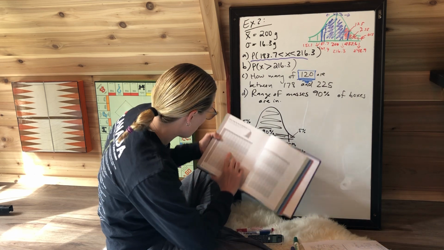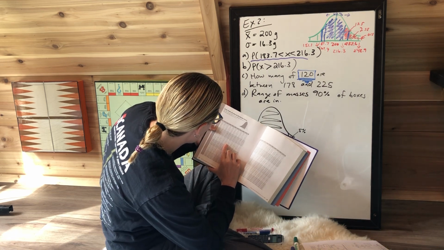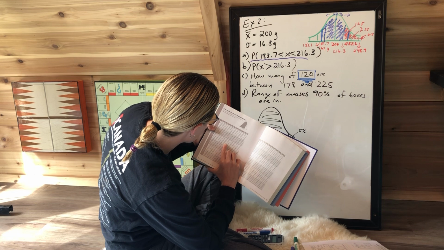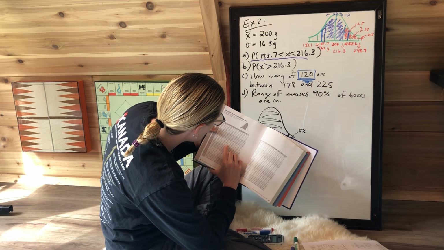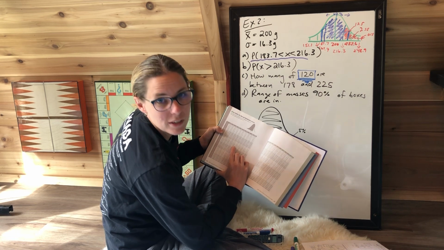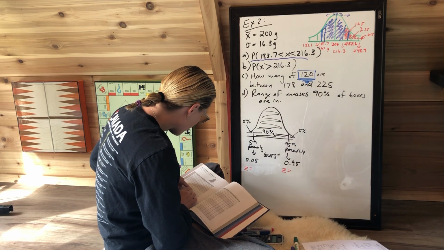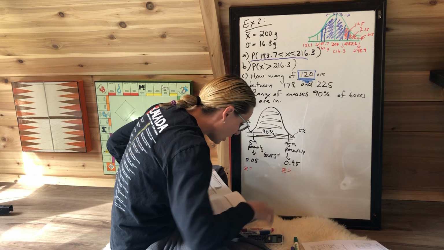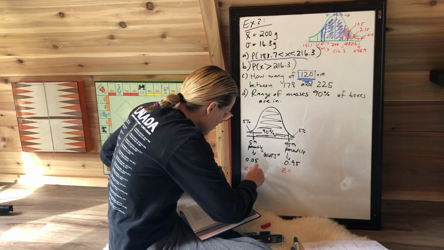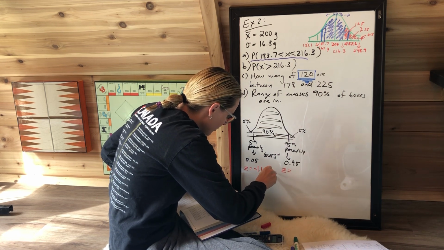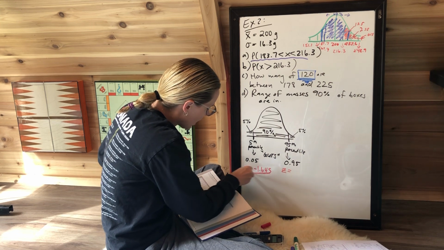Those are at z-scores of negative 1.64 and negative 1.65. They're equally far away from 0.05, so I have to go right in the middle of those, which is negative 1.645. Okay, so that's the z-score we have.